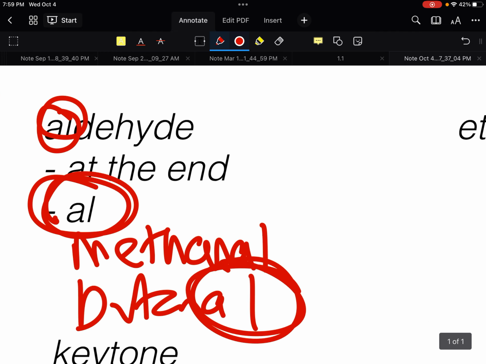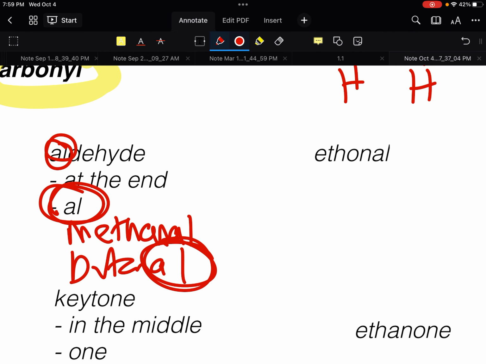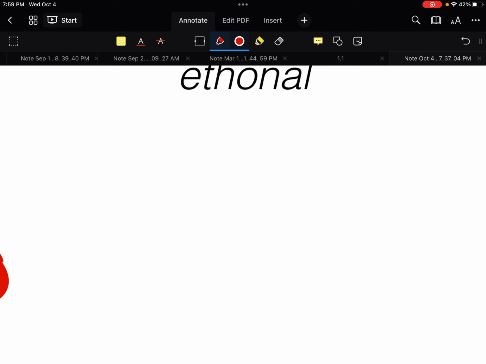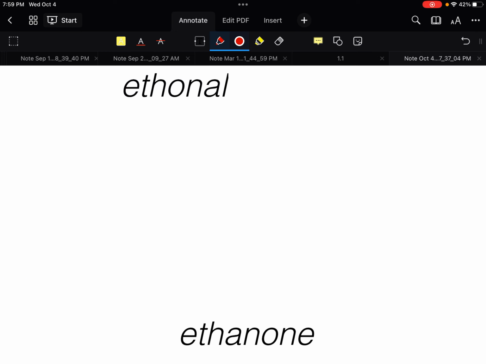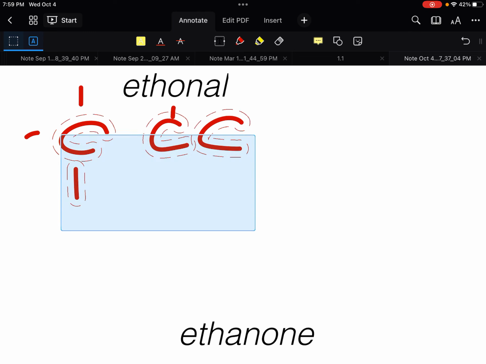So what it is essentially, it's a double bonded O at the end. So let's say ethanal. It's still 3 carbons, so it's going to be C. Or hold on, this is too close.